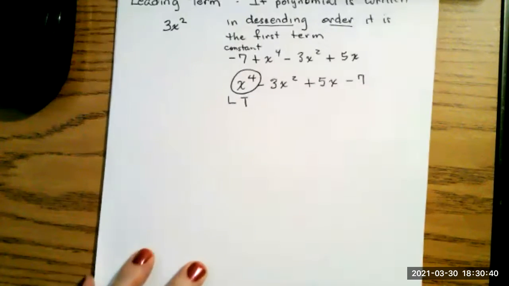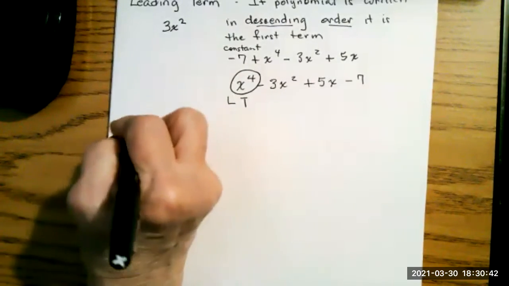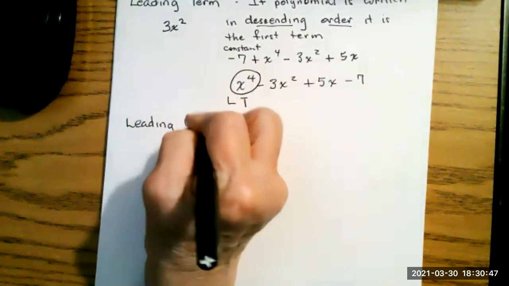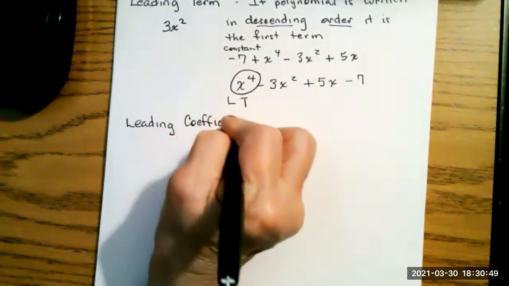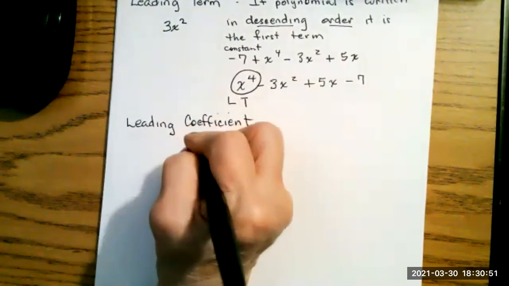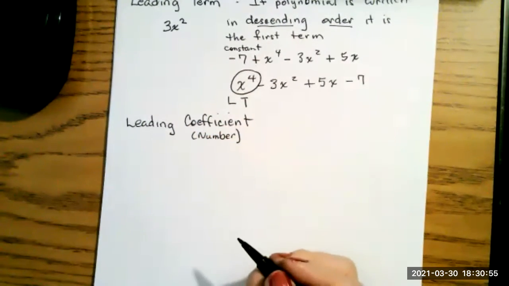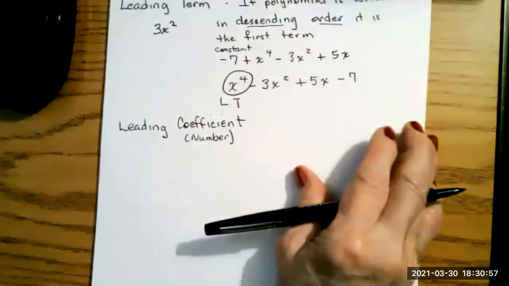Okay, let's do another one. There's another one that's called the leading coefficient. A coefficient is a number, okay? And if it's not written there, it's understood to be 1.